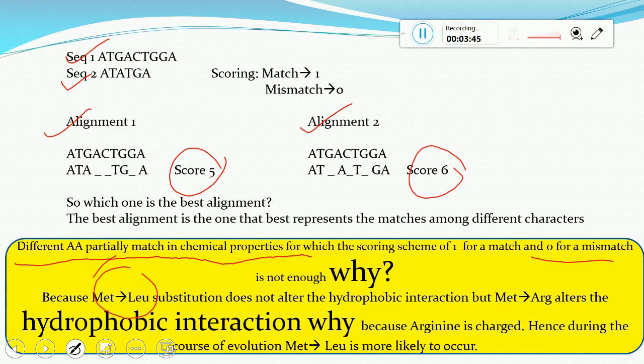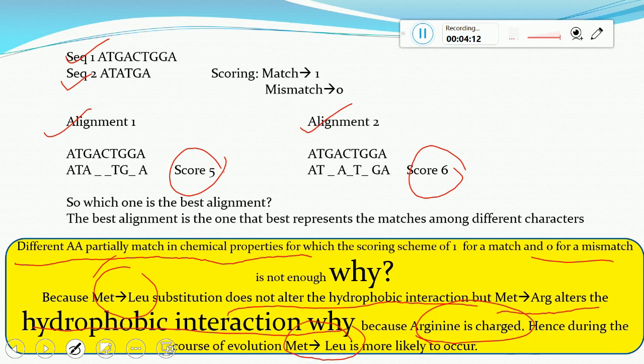Consider an example of methionine and leucine, where methionine has been substituted by leucine in a protein structure. Methionine and leucine substitution does not alter the hydrophobic interaction, but methionine to arginine alters the hydrophobic interaction. Why? Because arginine is charged. Hence, during the course of evolution, methionine to leucine is more likely to occur.